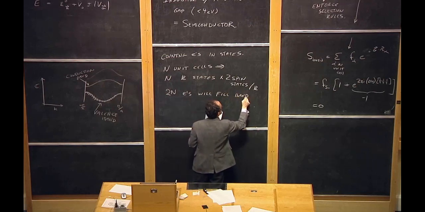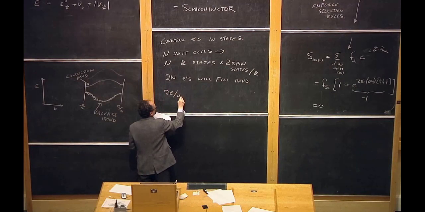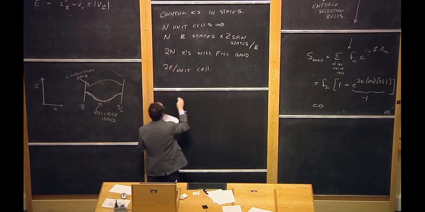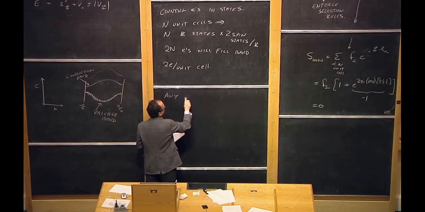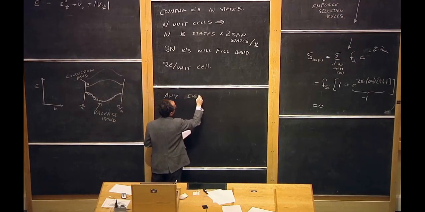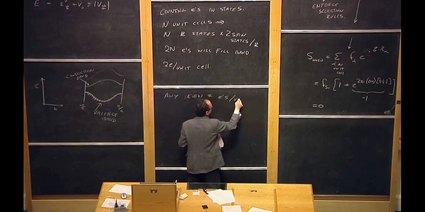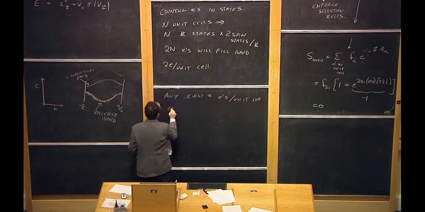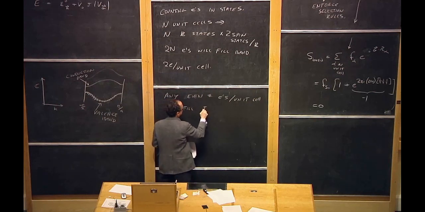To get 2N electrons, you need 2 electrons per unit cell. So you expect that if you have any even number of electrons per unit cell, you can fill an integer number of bands.